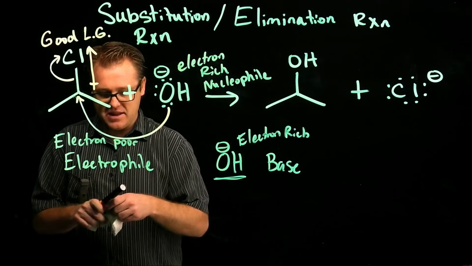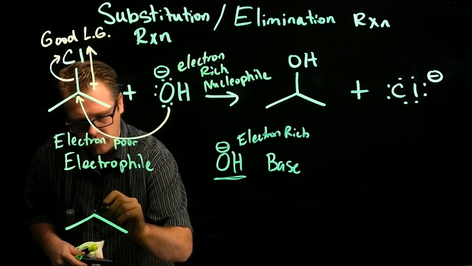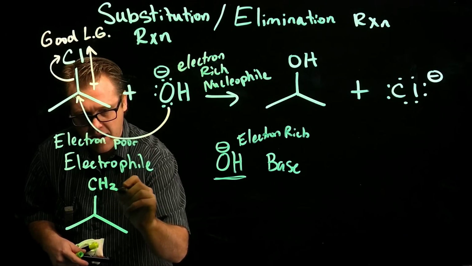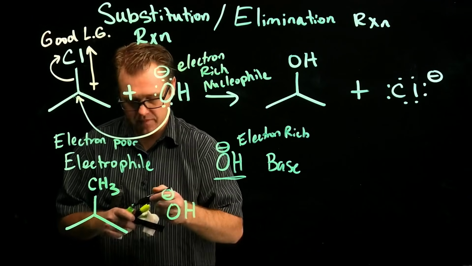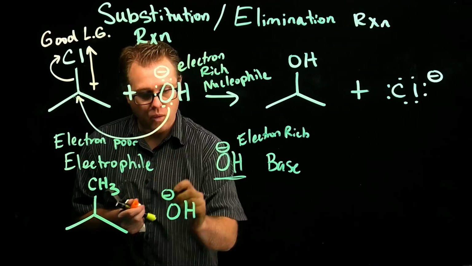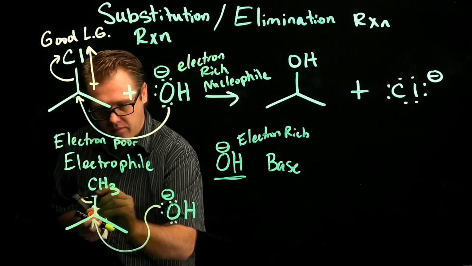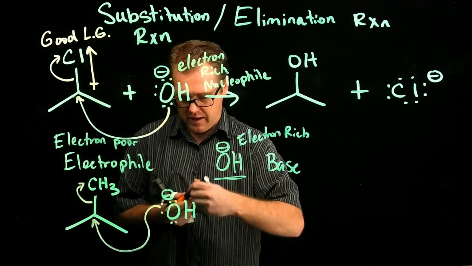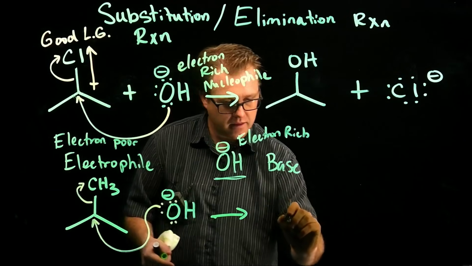If I contrast that, why does this reaction right here, let's put in a methyl group and treat it with a hydroxide, why does this reaction not work to give us this product?